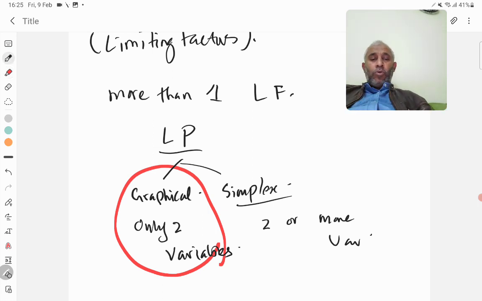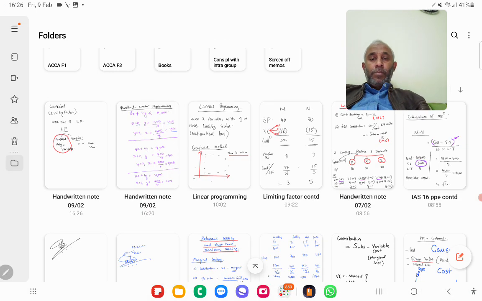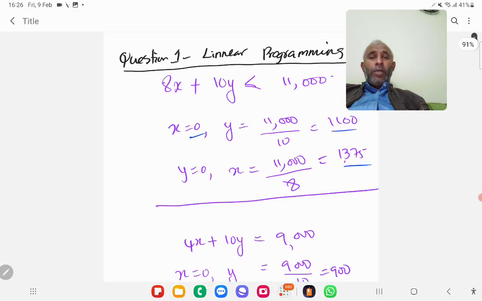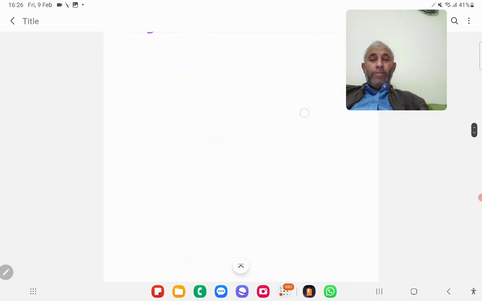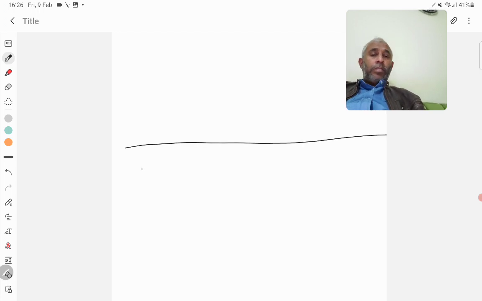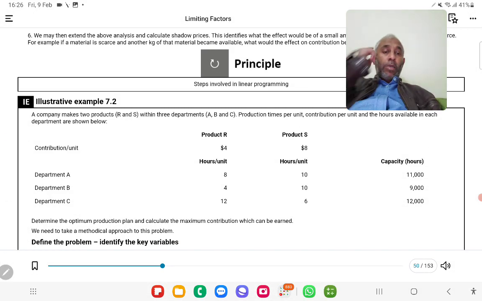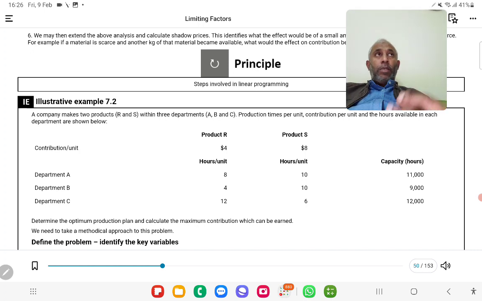Now what we first do is identify the objective function. What is the objective function here? The objective function is normally denoted by Z. If you read the question, per unit my contribution is $4 for R and $8 for S. So what do we mean by objective function?